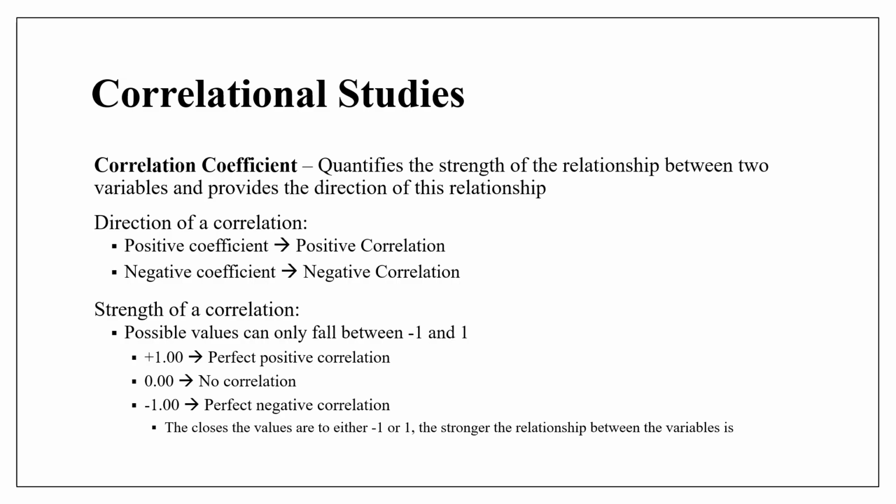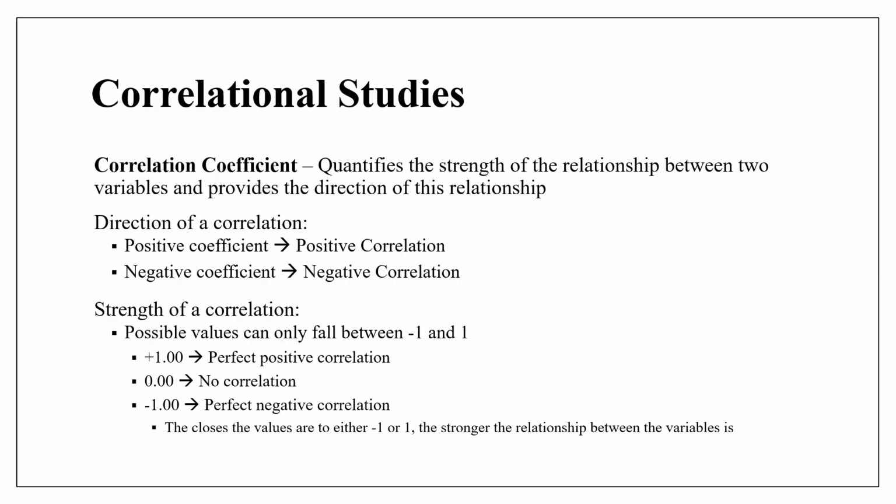What matters in a correlation coefficient is that the closer the values are to either -1 or 1, the stronger the relationship between the variables is going to be. So again, you're going to see values that range from -1 to 1. If you see a correlation coefficient that's outside of this range, that's impossible.